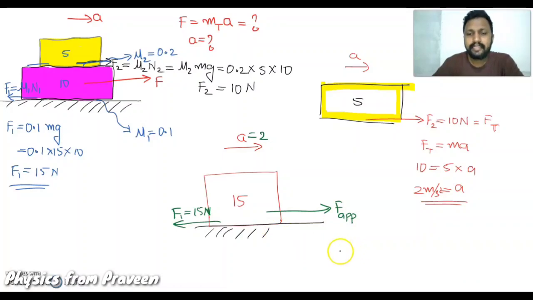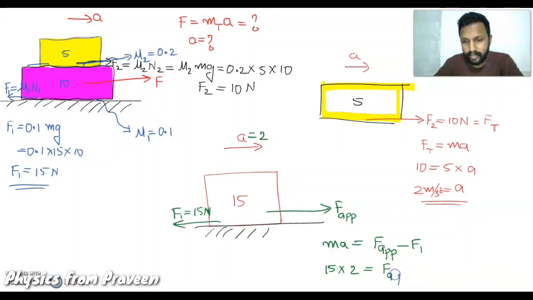Since the substance is moving in this direction with an acceleration, the applied force is winning. Therefore, the net force MA will be applied force minus frictional force. M is 15, A is 2, that is equal to the applied force that we have to calculate minus F1, which is 15.